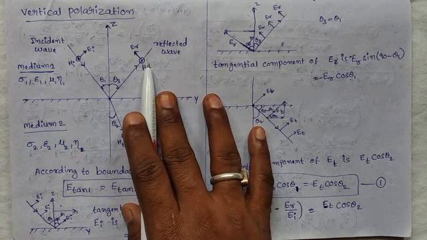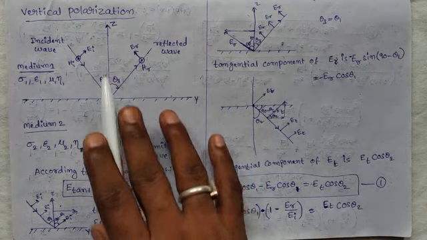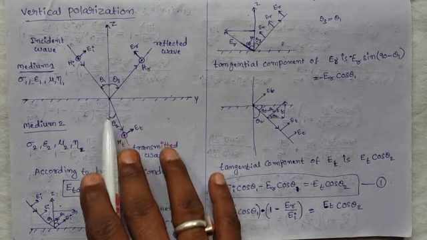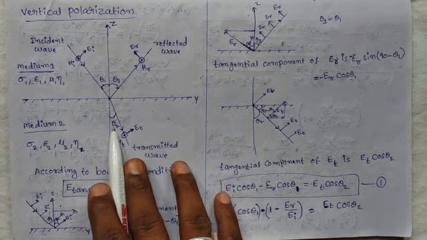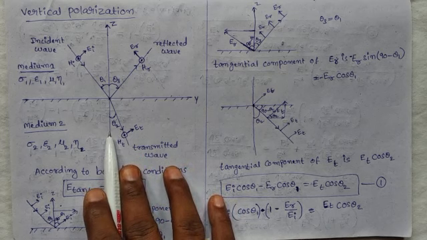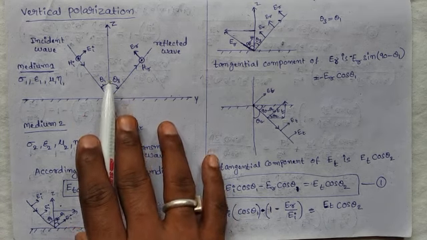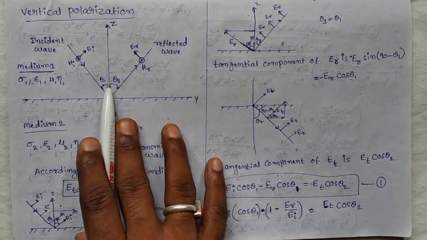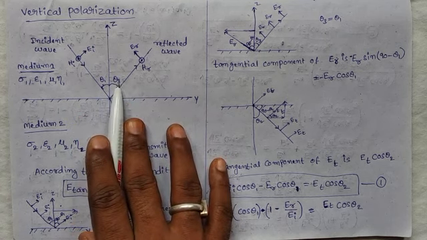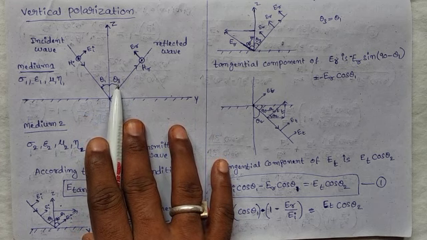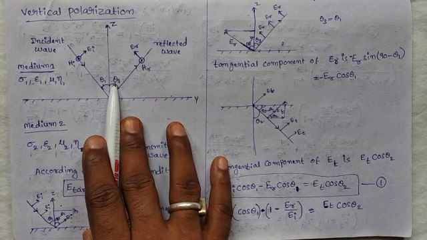These two also make angles with the normal, theta 2 and theta 3. The transmitted wave makes an angle theta 2 with the normal, called the angle of transmission. Similarly, the reflected wave makes an angle theta 3 with the normal, called the angle of reflection.